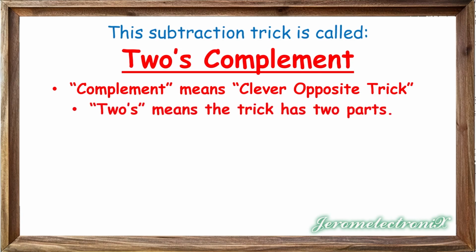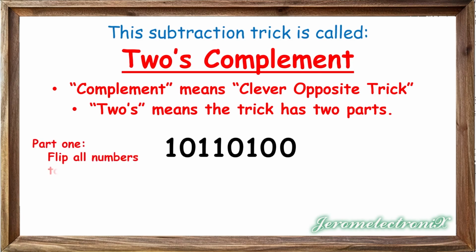So what we're going to do is we're going to get some random byte of binary bits. There it is. And we are going to say, okay, if this were a negative number, what would its positive complement be? And the 2 parts are, first, flip all the numbers to their opposites.